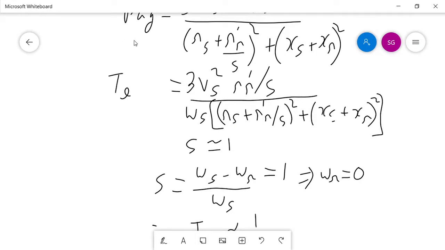So here the torque expression also includes this RR dash by S quantity in the numerator and the denominator. So if this RR dash by S quantity is maintained constant, your torque will be constant and maximum torque also will be constant. But the same torque will be achieved at a higher slip.